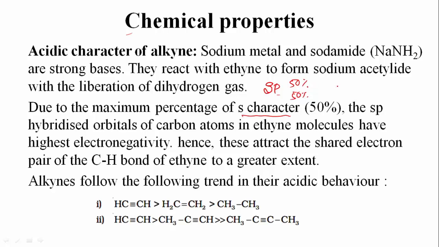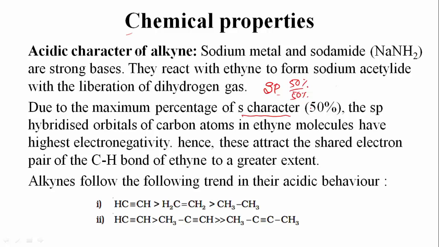Compared to alkanes and alkenes, it has more s character, and therefore the sp hybrid orbitals of carbon atoms in ethyne molecules have the highest electronegativity, and hence they can attract or accept shared electron pairs. Such species are said to be Lewis acids, and thus alkynes show acidic character.